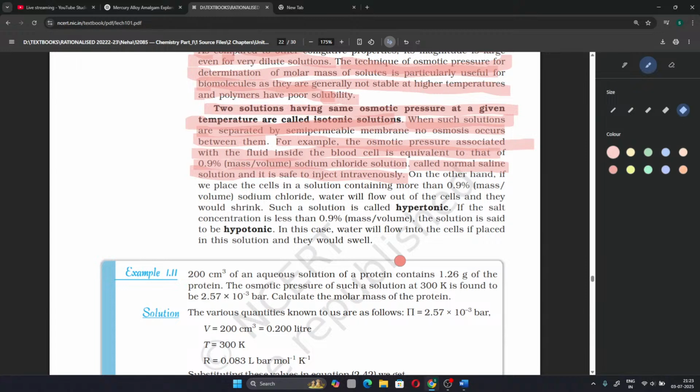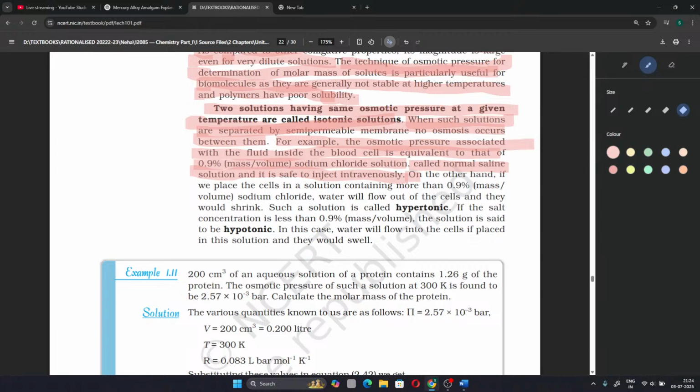Due to the presence of this 0.9% mass by volume sodium chloride in the normal saline solution, this will create an isotonic atmosphere inside the veins or blood vessels. In such a case, no osmosis occurs and the injections will do their work with no interruption to the blood cells.